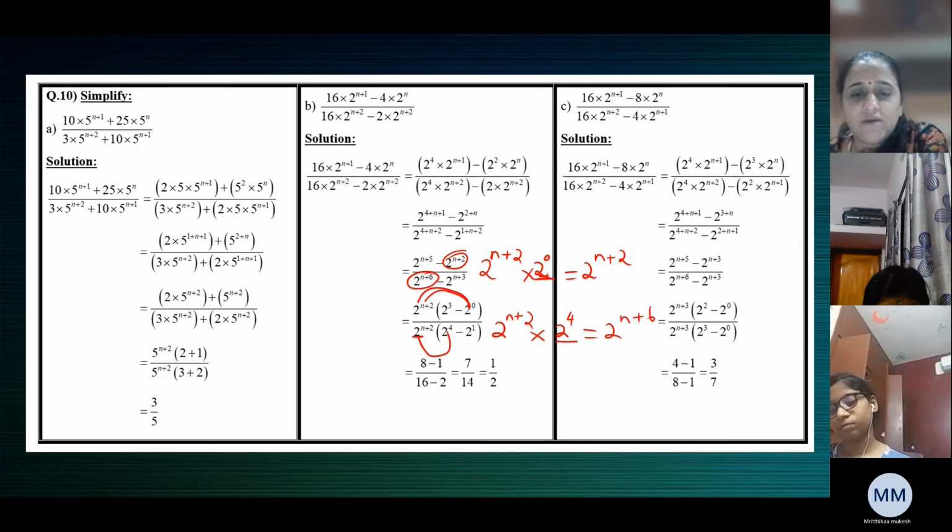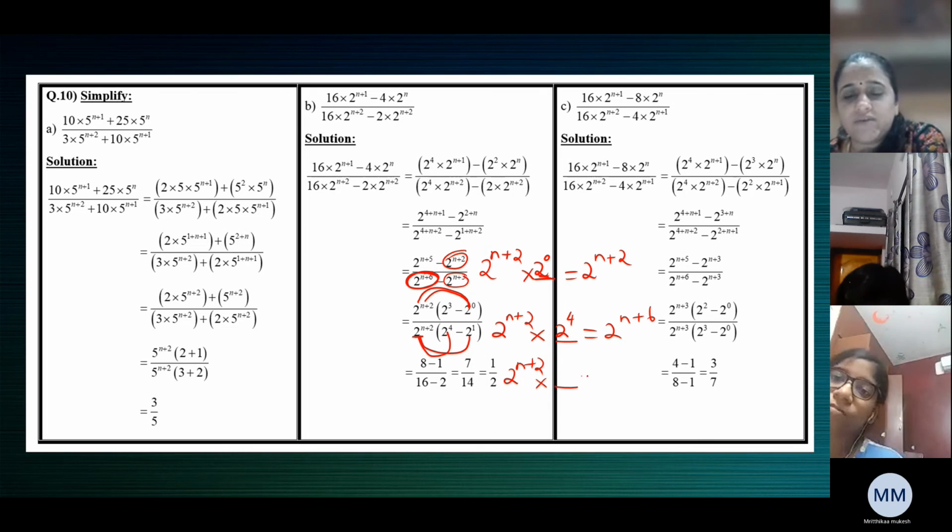Base the same, multiplication: when you add the powers n plus 2 plus 4, you'll get n plus 6. So that's why we write 2 to the power 4 here. And then again 2 to the power n plus 2 multiplied by what will give us 2 to the power n plus 3? So it's 2 to the power 1, because 2 plus 1 is 3.